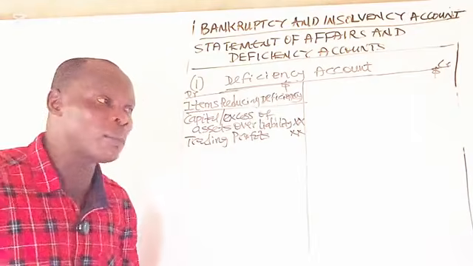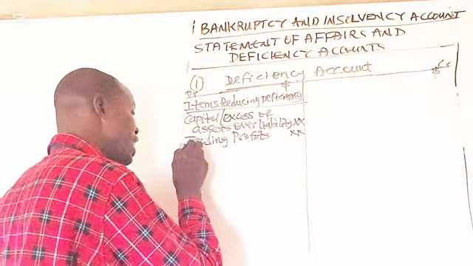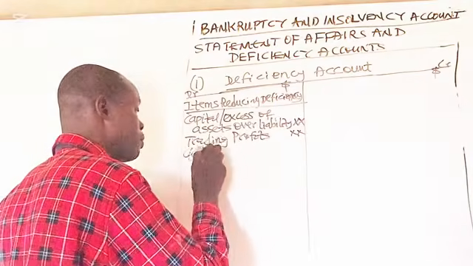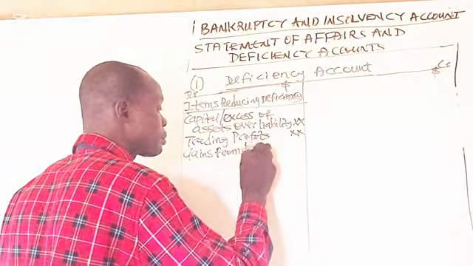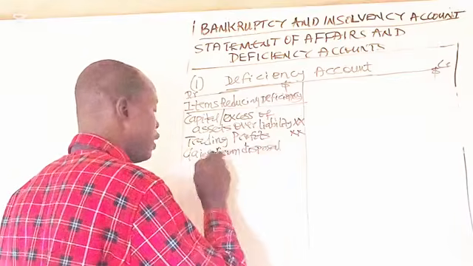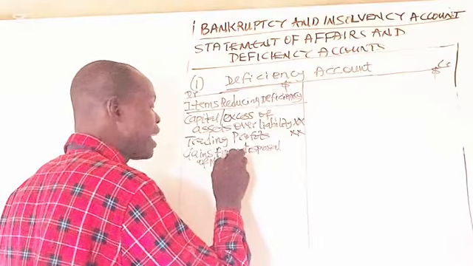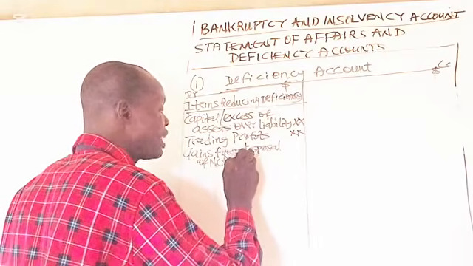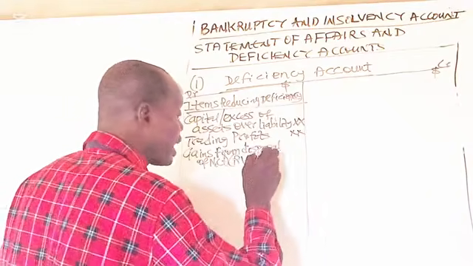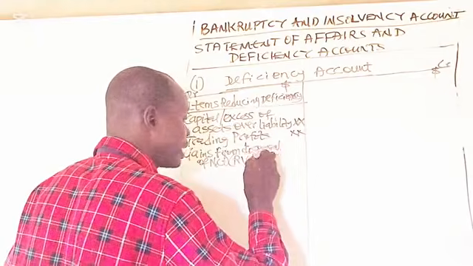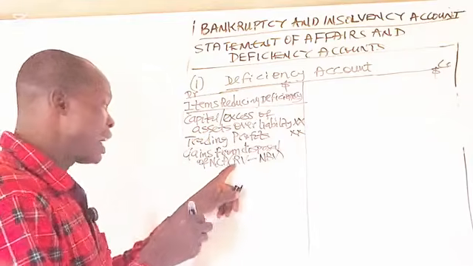Then gains from disposal of non-current assets. Where the realizable value is greater than the carrying amount, that is the net book value.